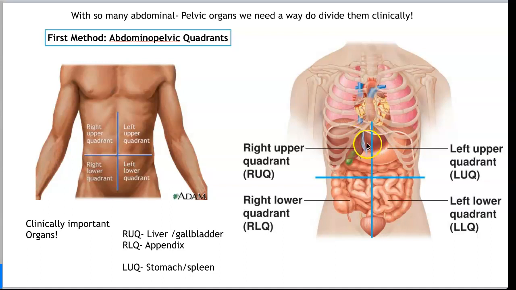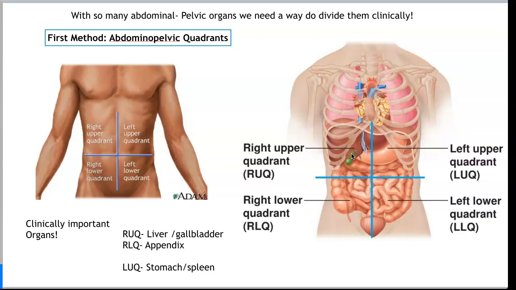Huge. So the main organs that you're going to be concerned about if a patient comes in and has right upper quadrant pain are going to be the liver or the gallbladder that lives right underneath it.